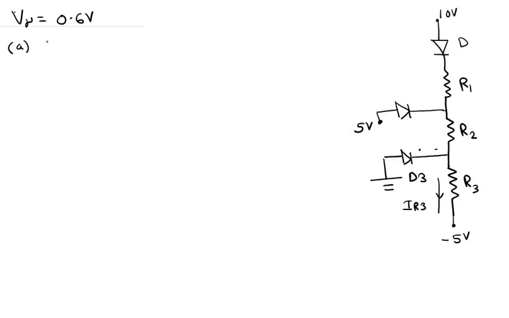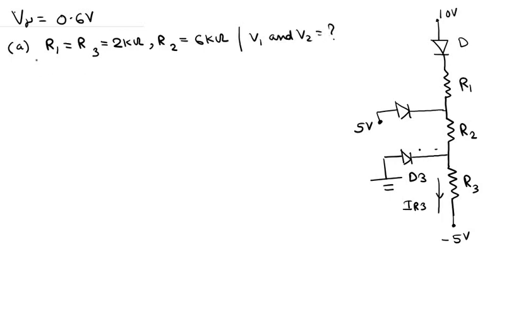Set A is basically R1 equals R2 equals 2 kilo ohms, R1 equals R3 equals 2 kilo ohms, R2 equals 6 kilo ohms, and then we have to find out the value of V1 and V2.